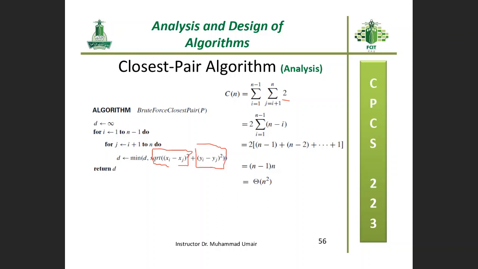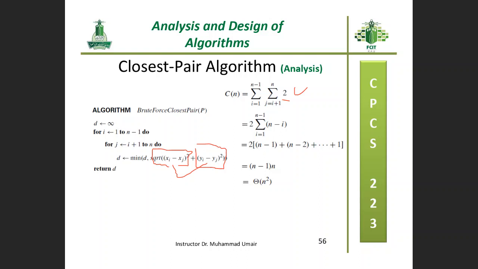But if you simply analyze on a generic pattern, then you can use the same analysis as we have done for the selection sort. In your textbook, they are analyzing this algorithm on the basis of how many times you have to take the square. So in every call, you have to make 2 square operations. Is it clear? That's why they are taking 2.